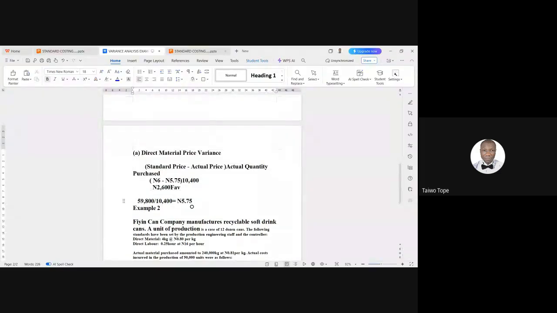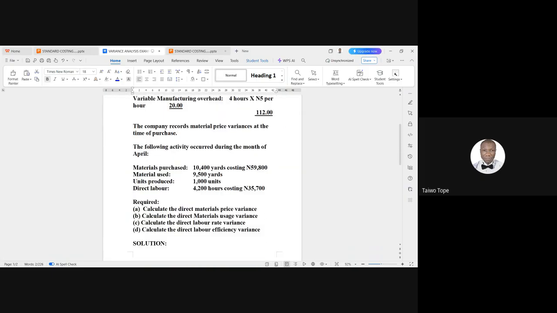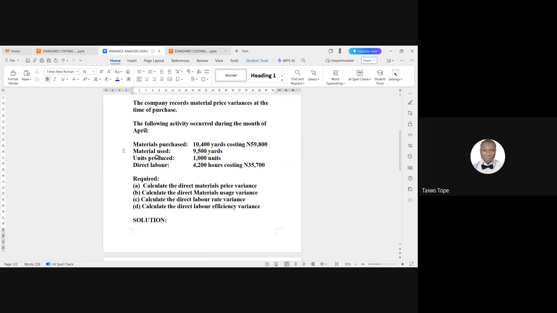Can you see, ma? Yes, sir. You see this 5.75? We talked about it here. That is based on the material purchase, which is 10,400 yards, right? Yes. Actual. How much did you incur in getting this whole 10,400 yards? 59,800.